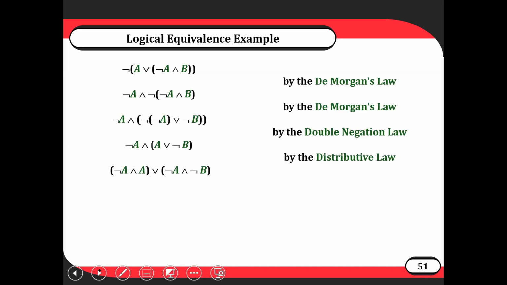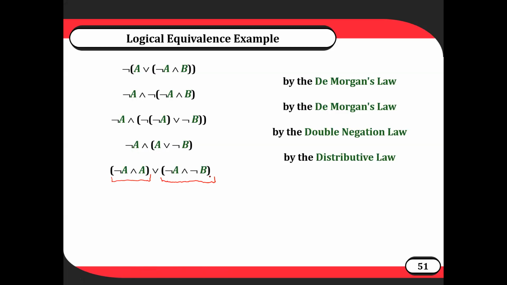When we distribute, we say A and not A is the first term, or A and not B. If this seems a little confusing, think back to how you distribute multiplication over addition in the example that we saw earlier. So now, what kind of patterns can we match?